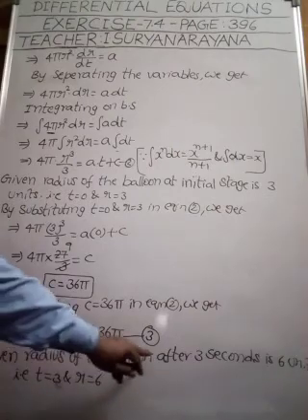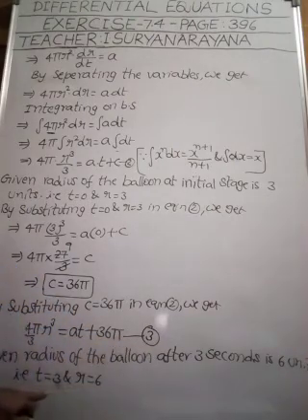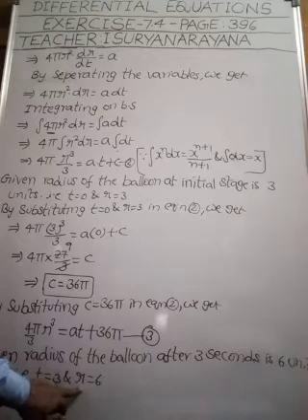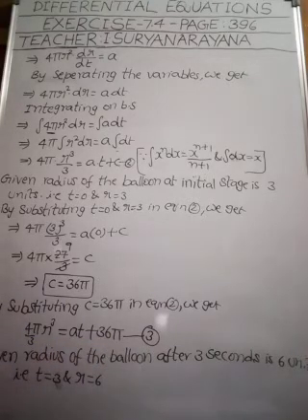We can write this data in the form of these two equations: t is equal to 3 and r is equal to 6. Now let us substitute t is equal to 3 and r is equal to 6 in this equation 3. Understood?